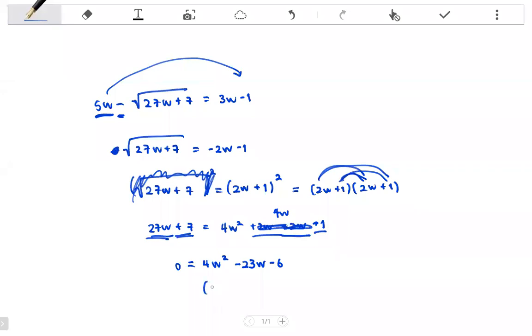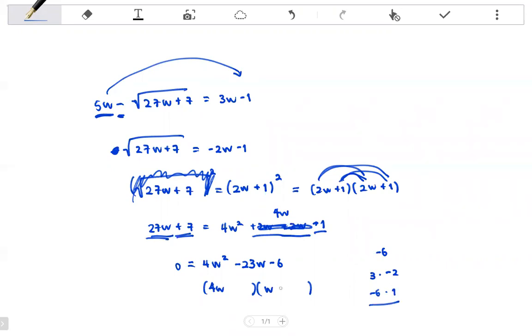We can factor this. So our first term, I guess we don't know what it is, right? It could be 4w times w or 2w times 2w. I have a feeling it's going to be 4w and w. Okay, so knowing that our last term is -6, it could be 3 times -2, -6 times 1.